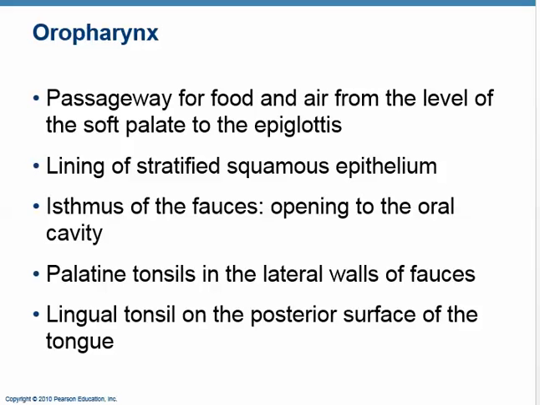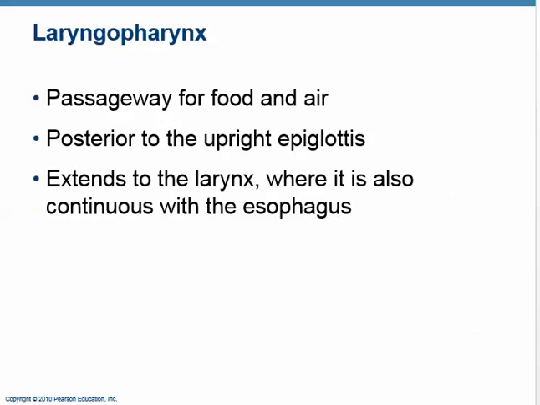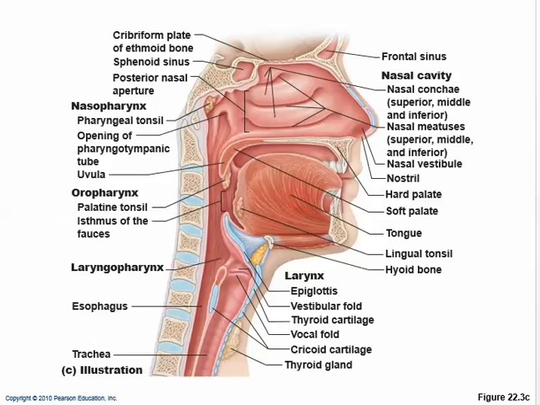Oropharynx, stratified squamous. There are a number of tonsils there as well. Laryngopharynx, passageway for food and air. It's posterior to the epiglottis when the epiglottis is open. It's continuous with the esophagus. Same picture that we've just looked at.